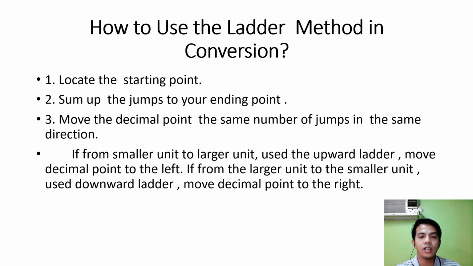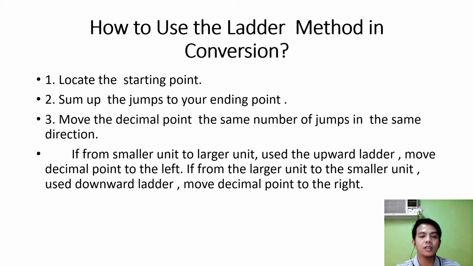These are the steps in the ladder method. Number one, locate the starting point. Number two, sum up the jumps to your ending point. Number three, move the decimal point the same number of jumps in the same direction.